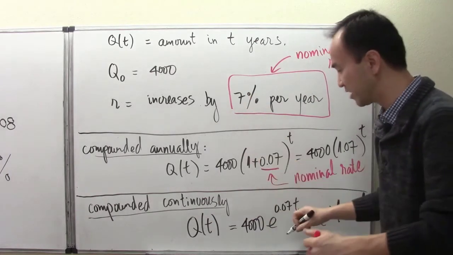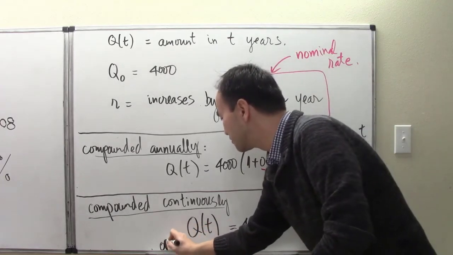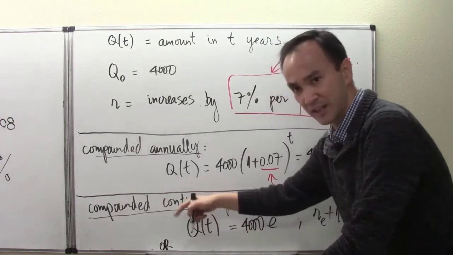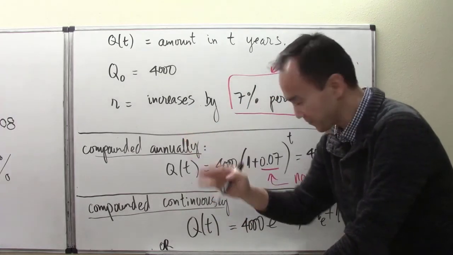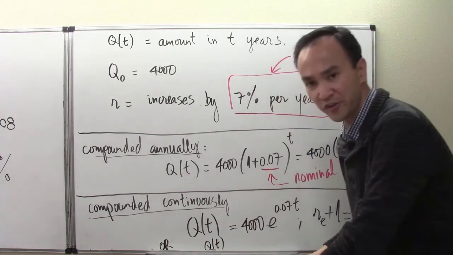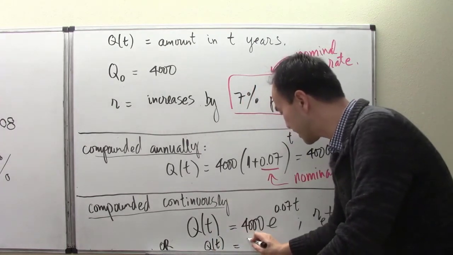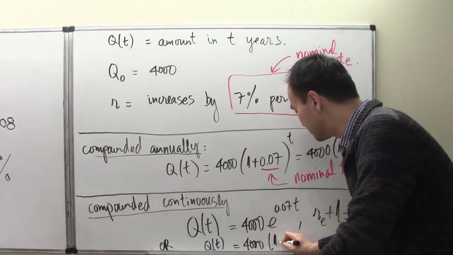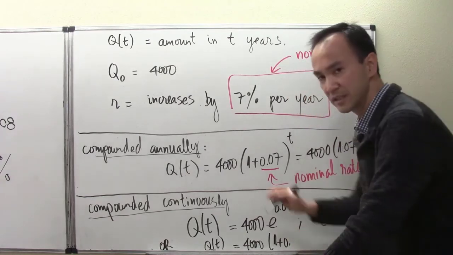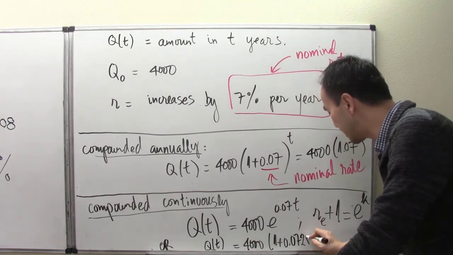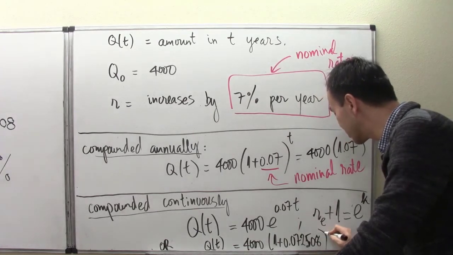Alternatively, and I also explained all of that in detail already, the same quantity that's growing continuously can be expressed with a different function. So Q of t can also be written as 4,000 times 1 plus, and now we use our effective rate, 0.072508, to the t.